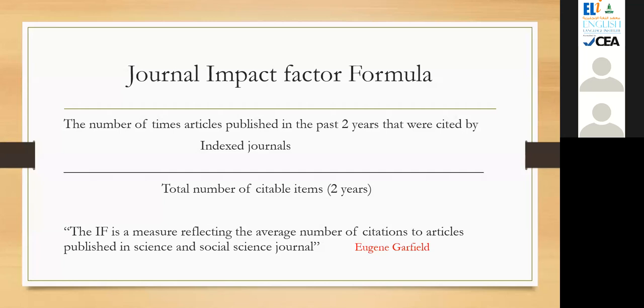You don't have to know this specifically, but the number of citations makes the journal higher in ranking. So the higher the impact factor, the higher the ranking of that particular journal. The impact factor is a measure reflecting the average number of citations to an article published in science and social sciences journals.